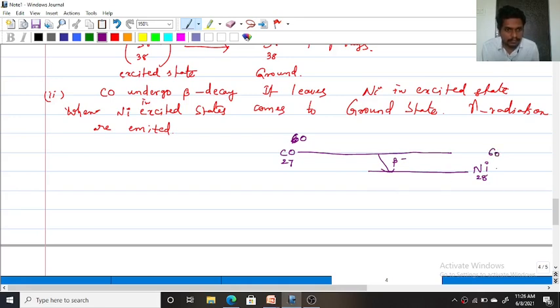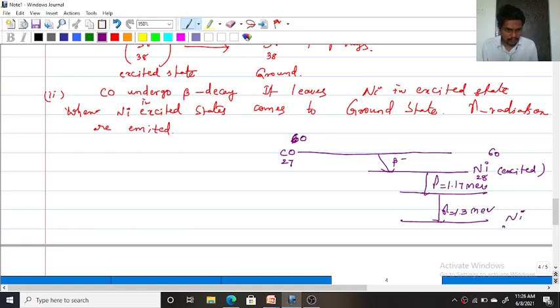Now it is in an excited state, and this excited nickel comes to ground state by emitting 2 gamma radiations, 1.17 mega electron volts and around 1.3 mega electron volts. Now it is in a ground state.